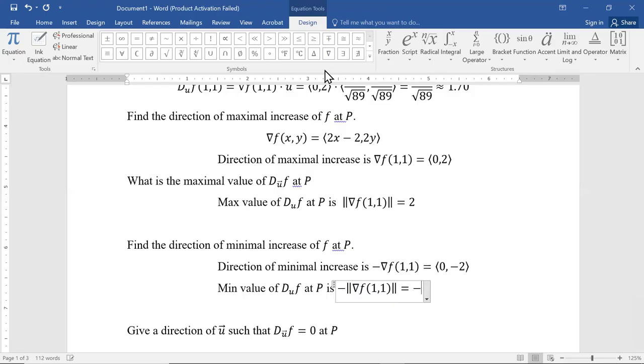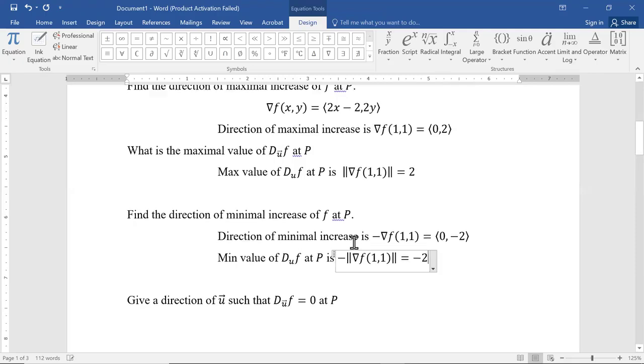So it's going to be -2. So minimum value is -2.